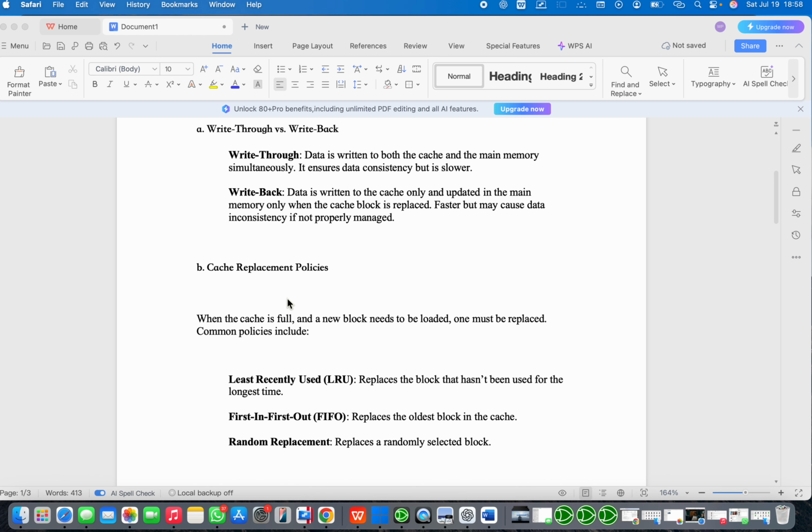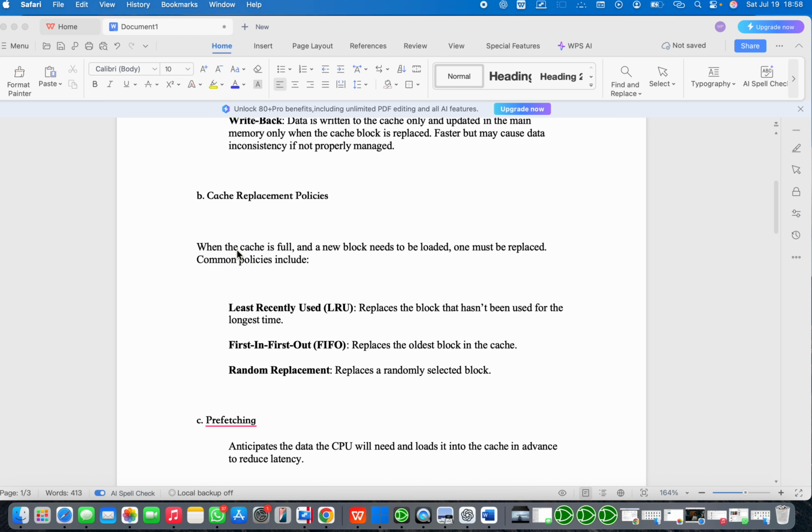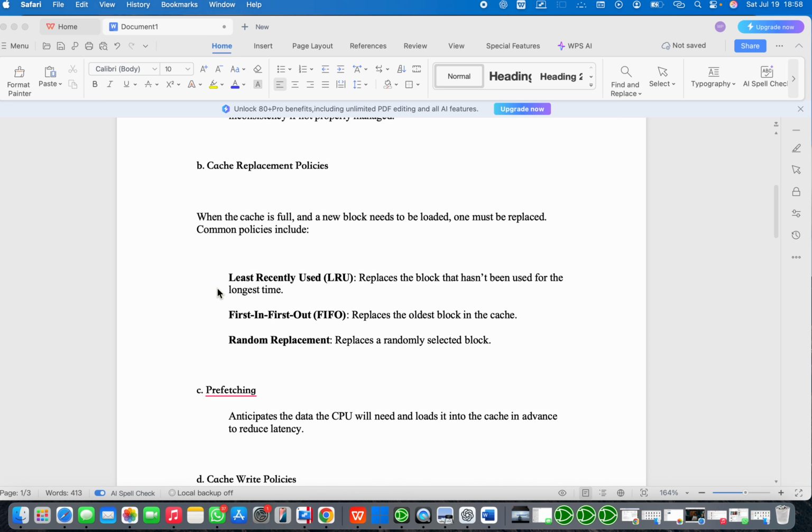So cache replacement policies. When a cache is full, a new block needs to be loaded, so one must be replaced. Common policies include least recently used, which replaces the block that hasn't been used for the longest time. Normally the cache memory is much smaller than the main memory or the RAM.